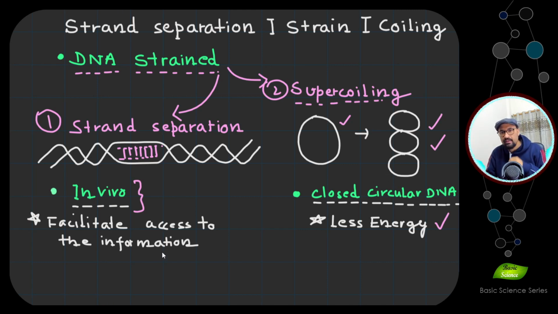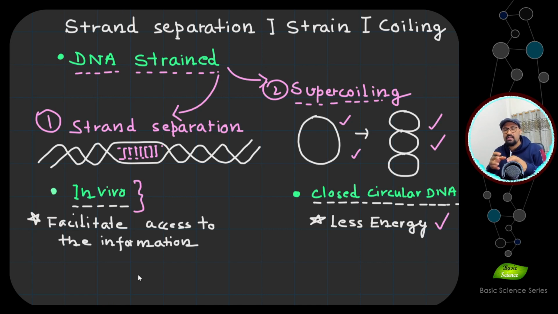Next, if we talk about DNA in vivo, what will happen? This is most likely not going to happen if there is a DNA underwinding. What will happen in that case is going to be the strand separation, because that is going to facilitate the access to the information.